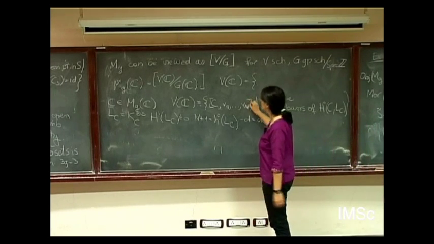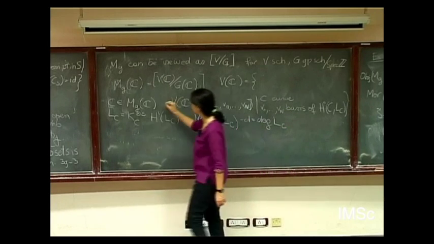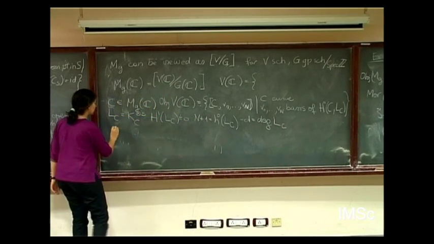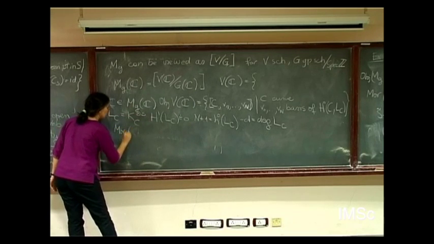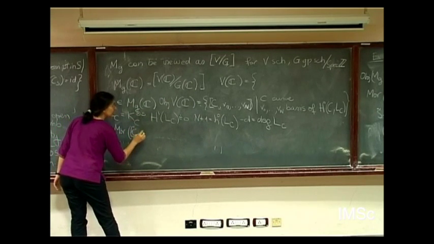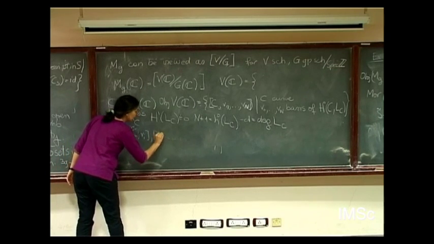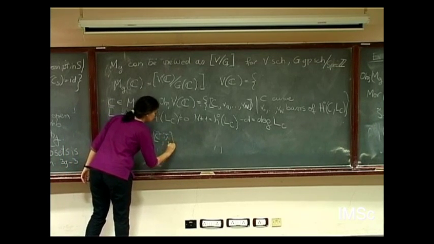And I want to define a category, so let me say that these are the objects, and what are the morphisms from (C, v_i) to (C twiddle, v_i twiddle)?